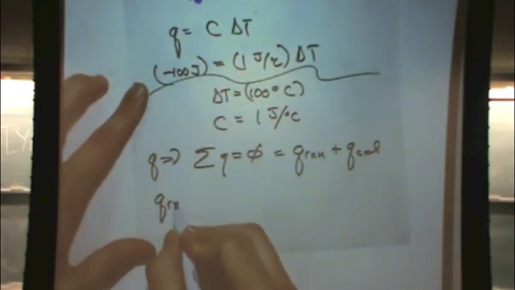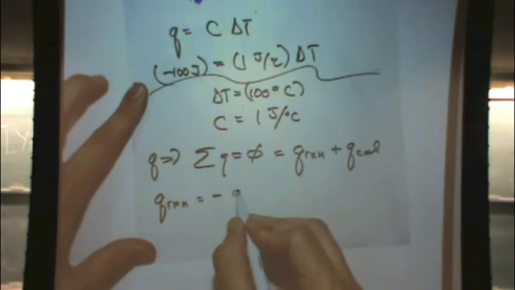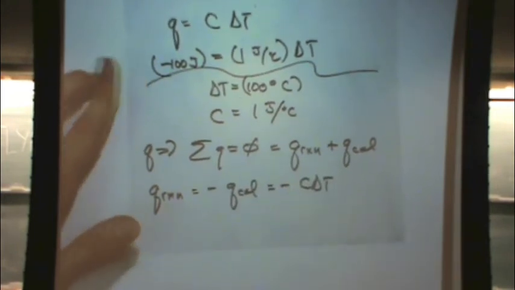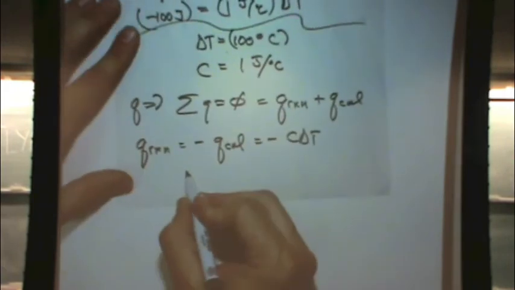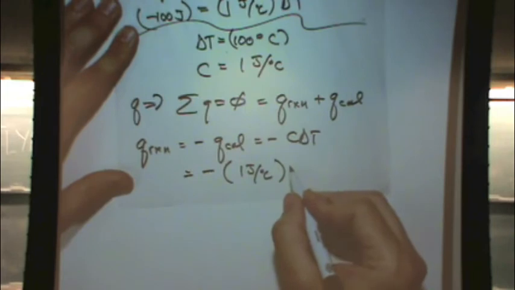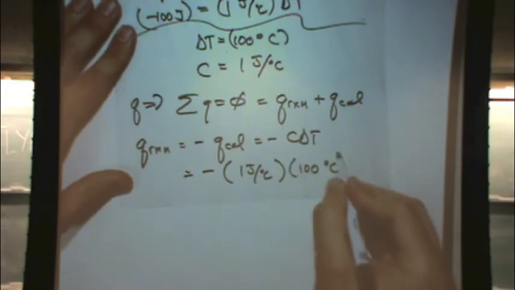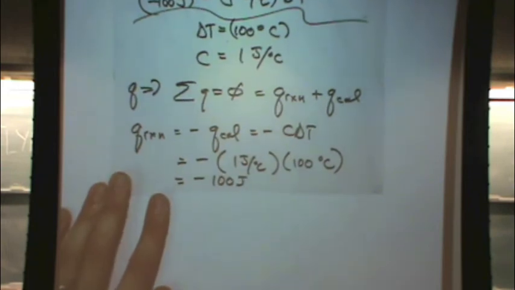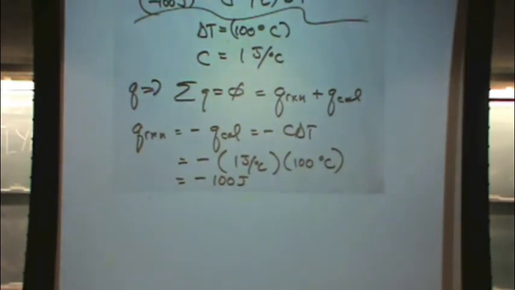Or Q reaction equals minus Q cal, or negative C delta T. There's where the negative sign pops in. And that would be negative 1 joule per degree C times 100. Now typically, this looks like just minus 100 joules, which could be fine. That could be your answer.